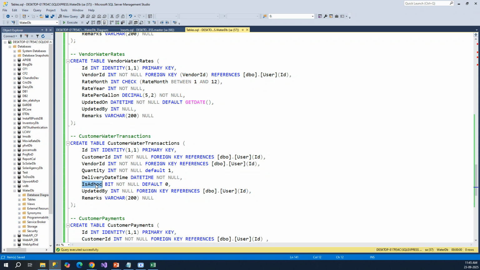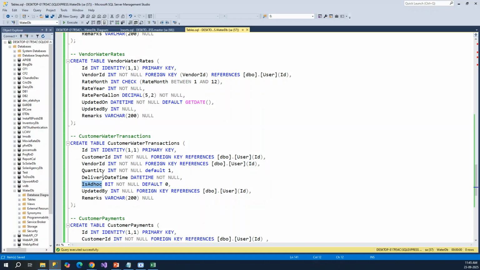But sometimes, for any reason, one vendor or the second vendor did not appear to provide the water gallons, so we have to buy the water gallons from a vendor who is not our regular vendor. So this ad hoc flag can be marked true or false to indicate that.